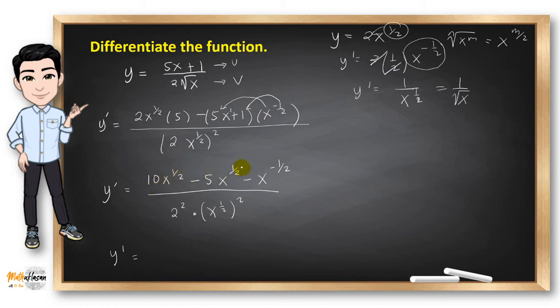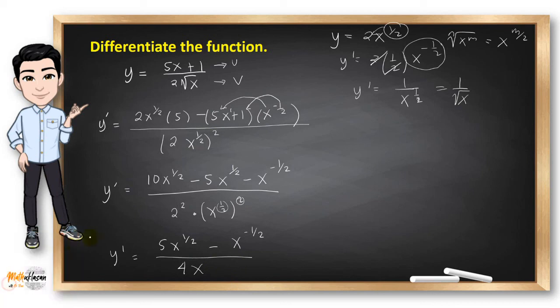Yung x raised to 1 half dito, tsaka x raised to 1 half parehas. So, 10 minus 5, the answer is 5x raised to 1 half. And then, we have here minus x raised to negative 1 half. And then, we have here 2 squared, which is 4. And then, ito, 1 half times 1, law of exponent, x lang yan. Well, dito pa lang obvious na nakaka-cancel lang naman yan. Pero pinakita ko pa rin para mas maintindihan natin.